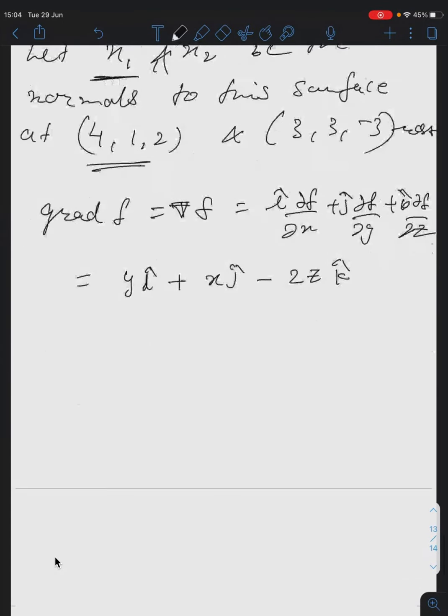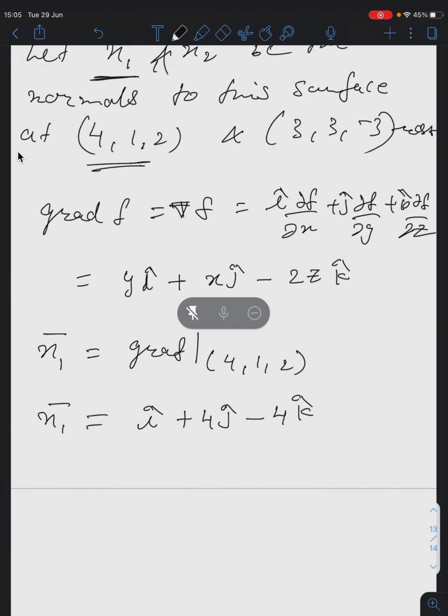Now this is your gradient of f. The normal vector to this surface is given by the gradient of f at the point, which is (4, 1, 2). So n1 bar you got. Understood? Are you following?